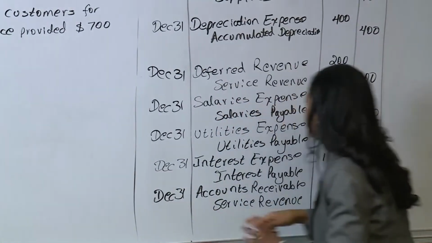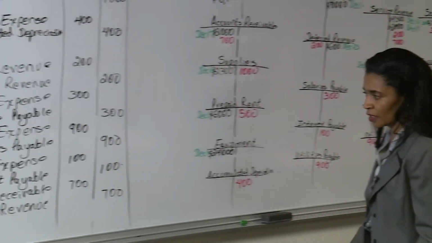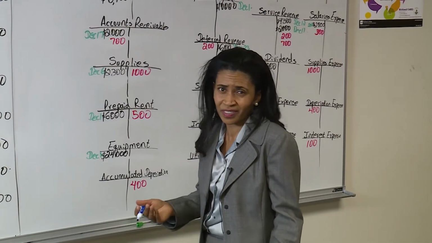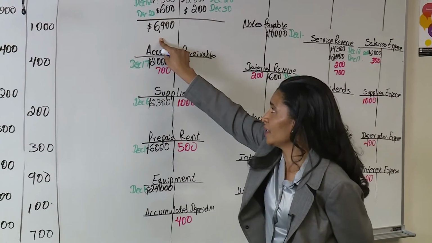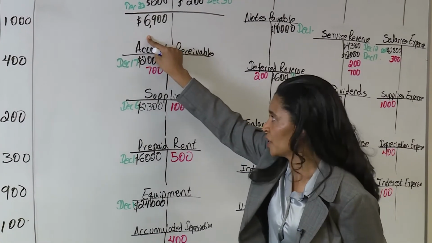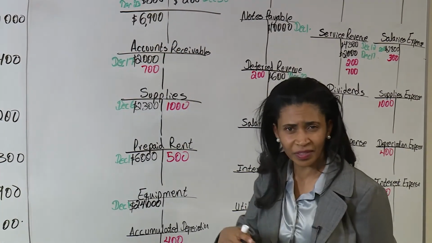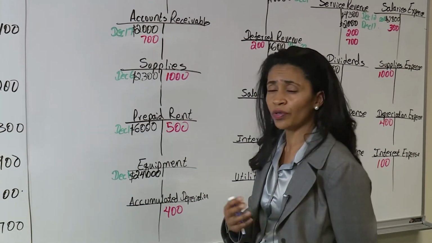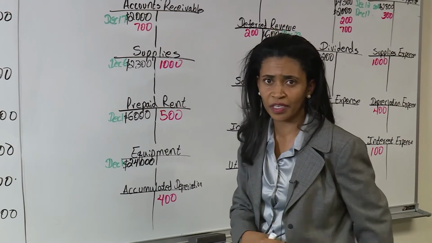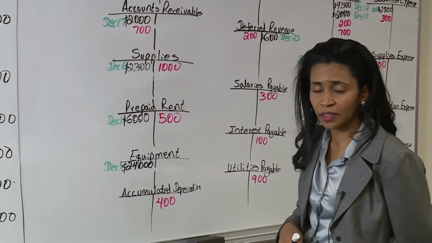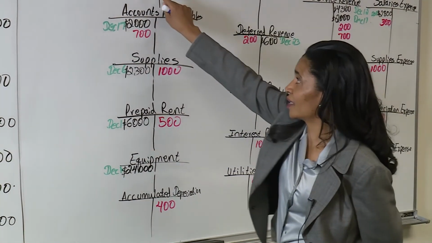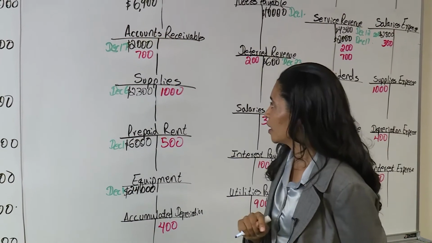Now, once I post, I will recalculate the balance the same way I did. Cash will never be touched by any adjusting entry. If you end up having something that debits or credits cash for your adjusting entry, you probably need to look at the transaction very carefully, because cash will never be touched by an adjusting entry.